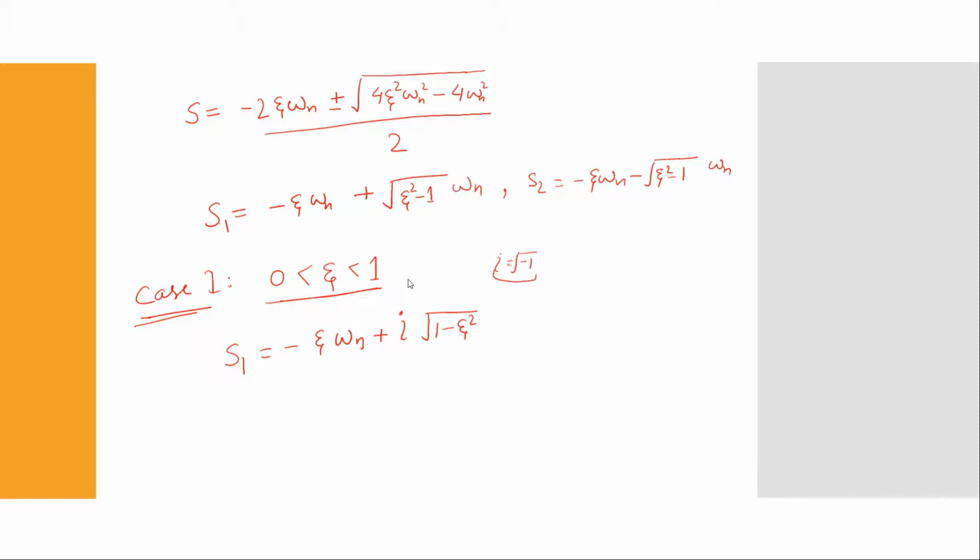So if you put that, minus 1 would be common, and that should be equal to 1 minus xi square, and iota will come outside, which is the imaginary value. So the first root would be this much, and the second root s2 would be equal to minus xi omega n minus iota under root 1 minus xi square, and omega n is also missing here, so omega n. So we will get this value.